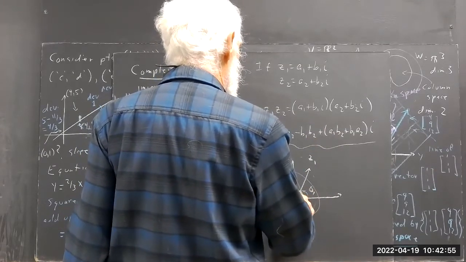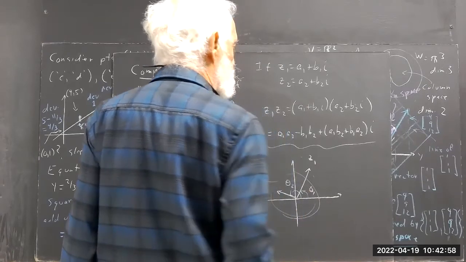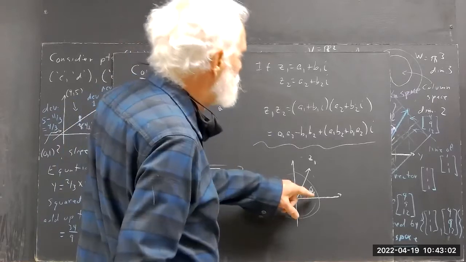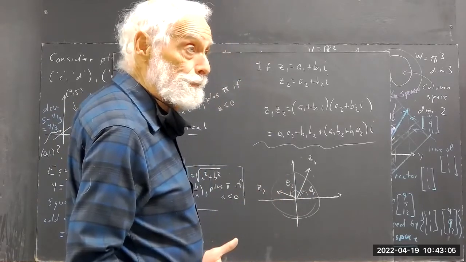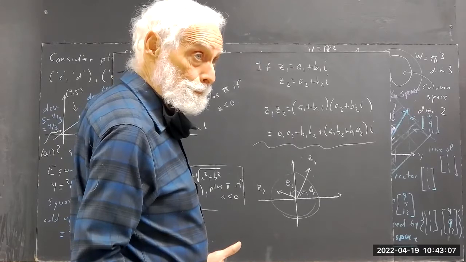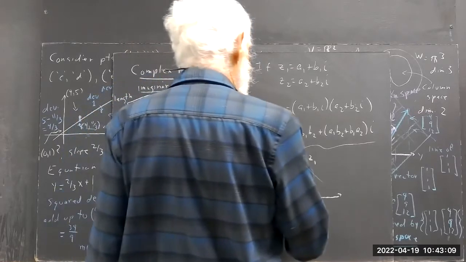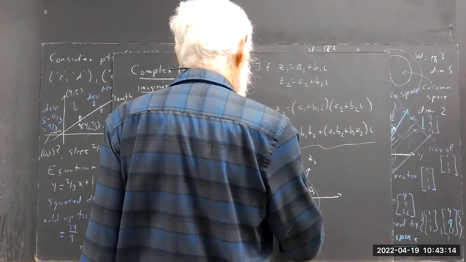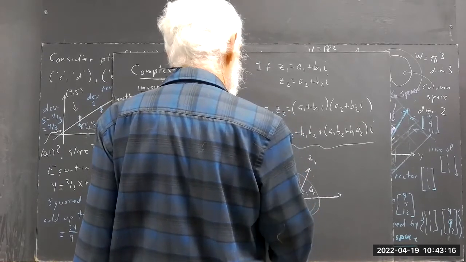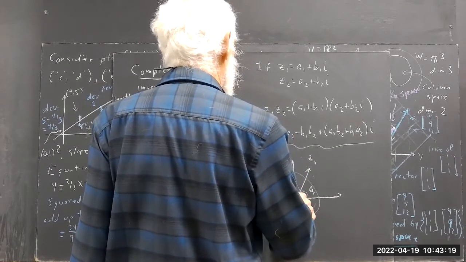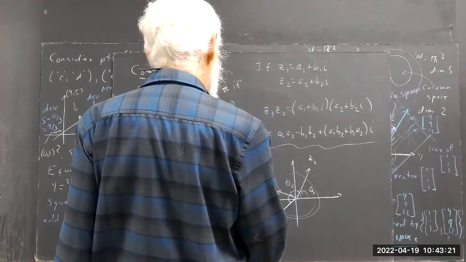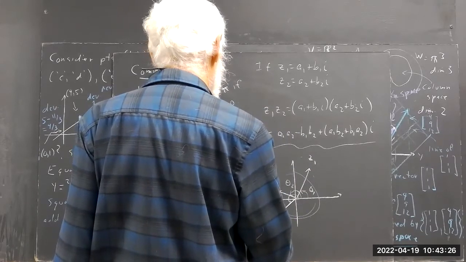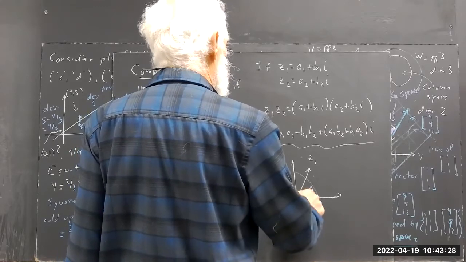So here's angle theta 1, here's angle theta 2. Z1 Z2 adds two angles, so this angle is theta 1 plus theta 2.